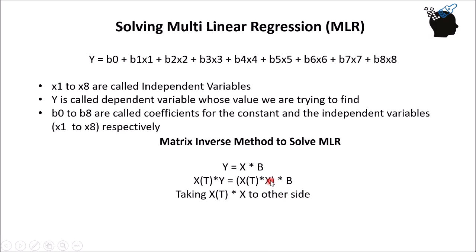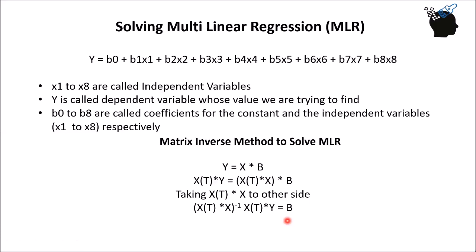From the right hand side, we take X transpose into X to the left hand side, so that we have only matrix B on the right hand side. So on the left hand side, we'll have X transpose into X inverse, which we have taken from the right hand side, multiplied by X transpose into Y, and that will give us the value of matrix B.